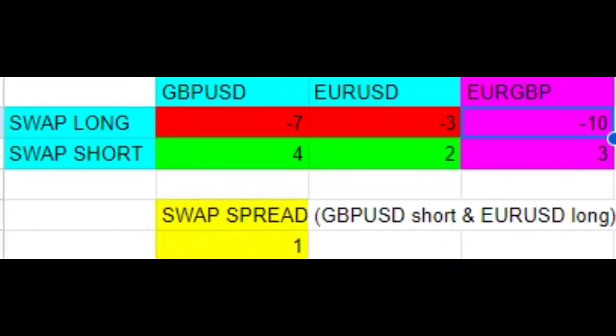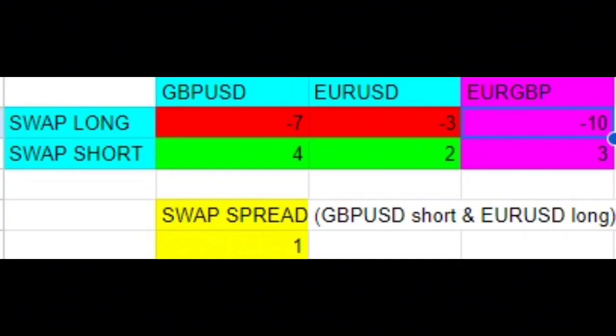So let's say you want to enter long on EUR/GBP, and you have to pay $10 every night as a fee, the swap.